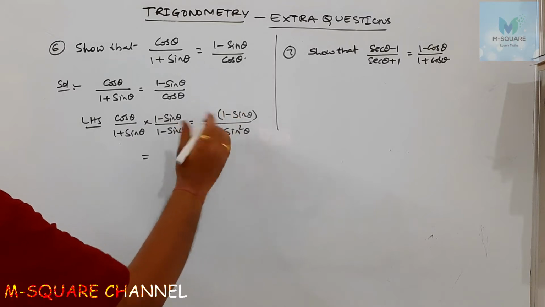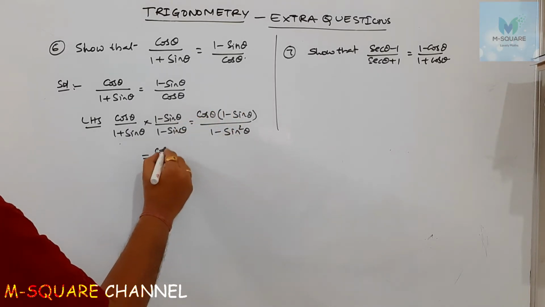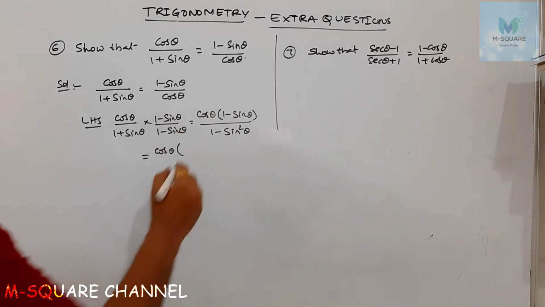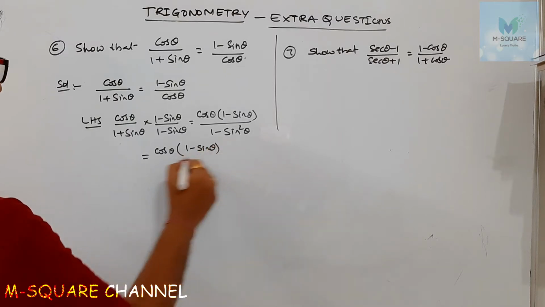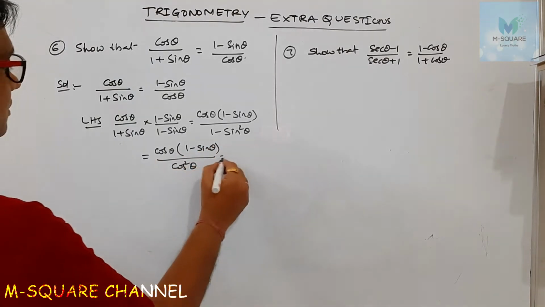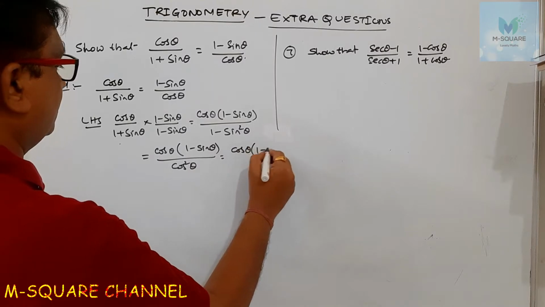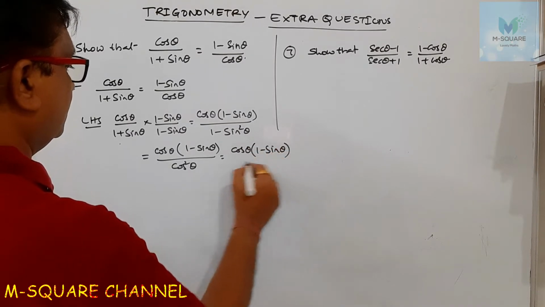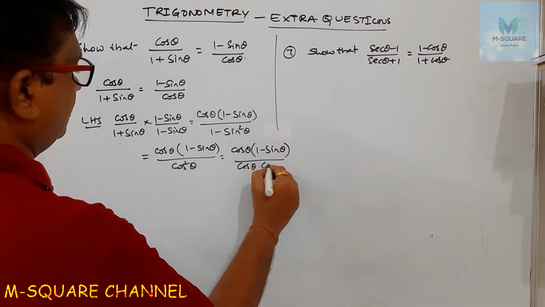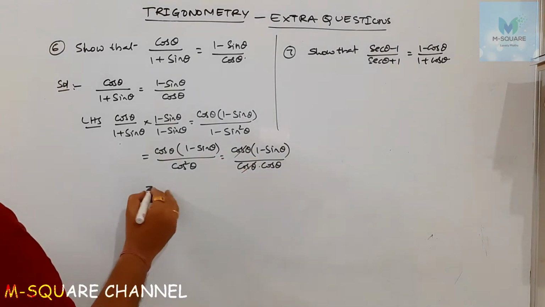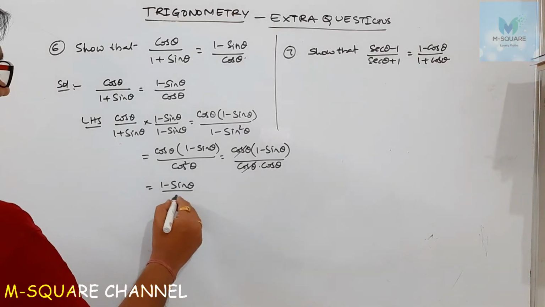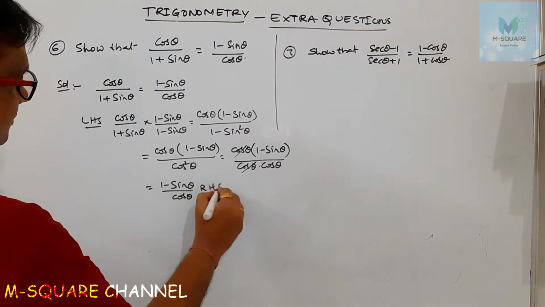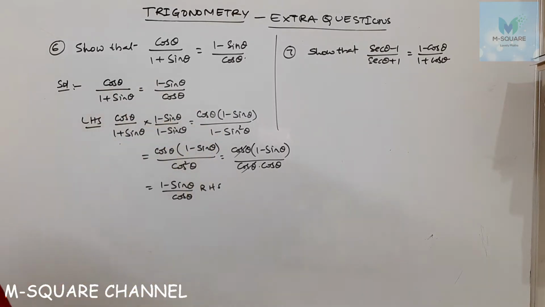That is cos theta into (1 minus sin theta) by cos square theta, that means cos theta into (1 minus sin theta) by cos theta into cos theta. These two cancel, and we get the LHS as 1 minus sin theta by cos theta. This is the RHS.